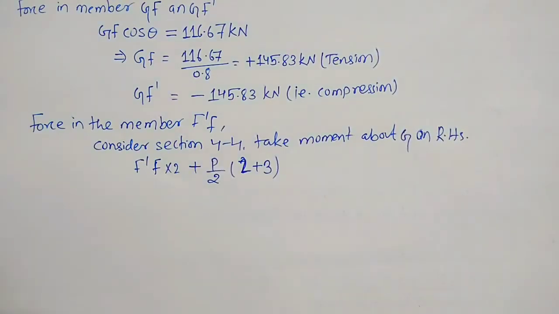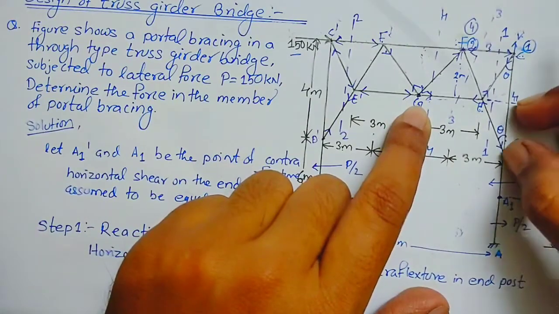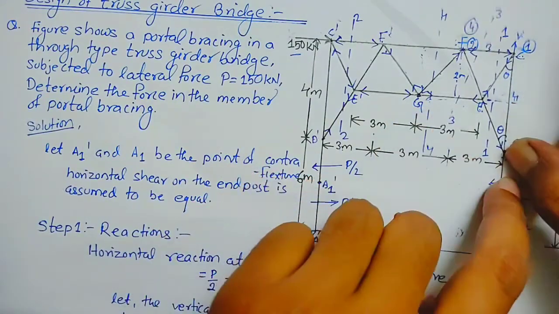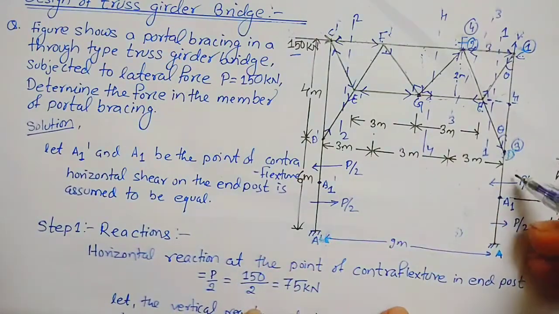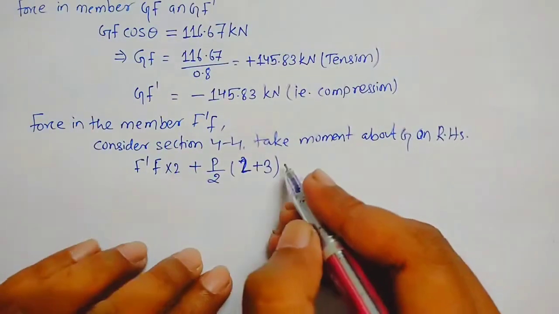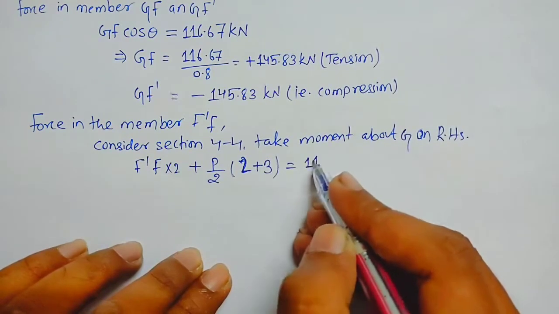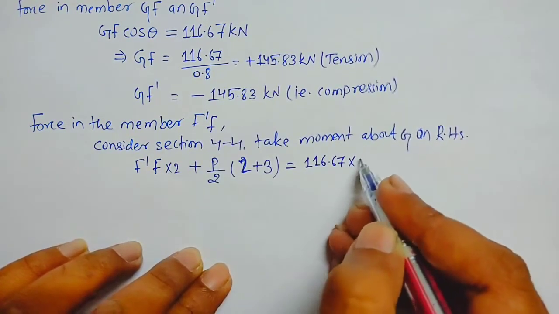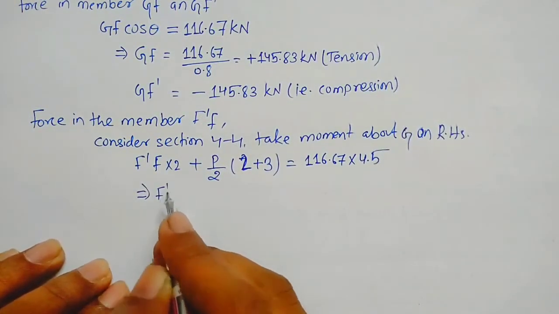Now see here guys, as I am taking moment about G, from here to here it is 2 meter, and this 2 plus this 3 up to this point of contraflexure, so 2 plus 3, and it will be equal to our vertical reaction, that is 116.67 into 4.5.